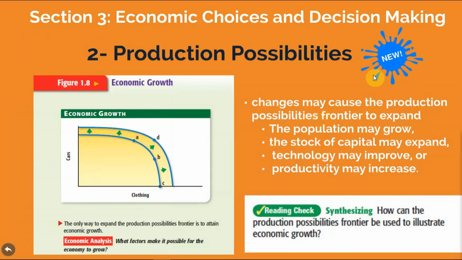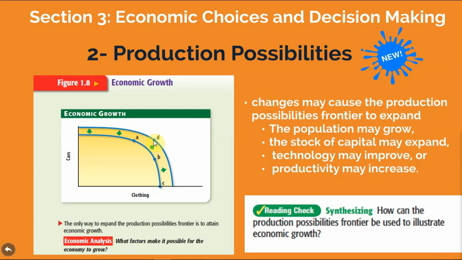Today we'll be taking something new called economic growth. As you can see here, we did have a boundary for our production possibility frontier. This boundary could change according to certain causes. Remember, the D point, we said it's impossible.